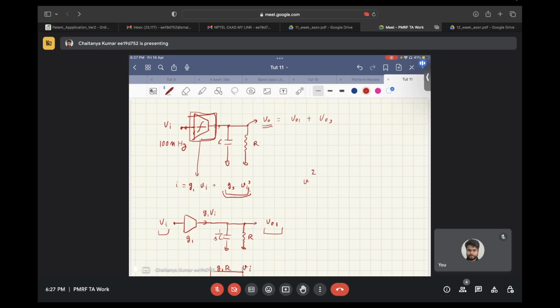So you can use them to create this transconductor, put it over here instead of the linear transconductor, and then simulate the circuit using a 100 megahertz tone. At output, whatever waveform you get, you take its Fourier transform and check the spectrum. In the spectrum, you will have a fundamental tone and a third order tone.